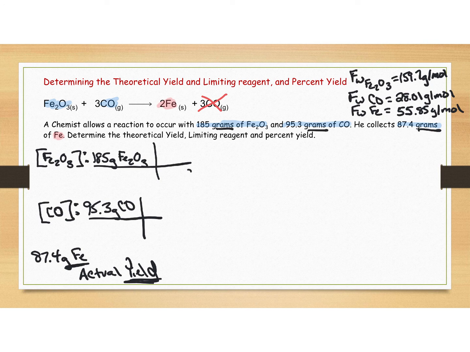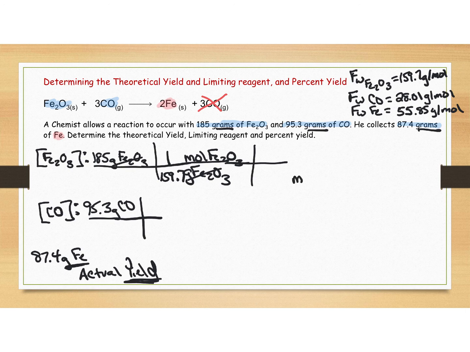So I'm going to go from grams of Fe2O3 to moles of Fe2O3. 1 mole of Fe2O3 is equal to how many grams? 159.7. How do we determine that? That was my formula weight, right? Grams of Fe2O3 cancel out.